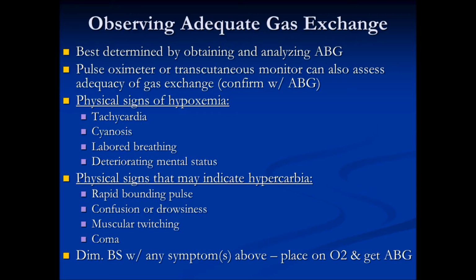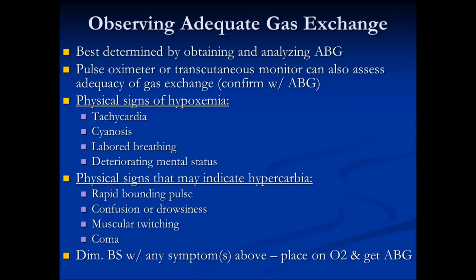And if we ever are questioning the values that we're getting via pulse oximetry and transcutaneous monitoring, we always confirm that with an ABG. But there are physical signs that we can look at in addition to pulse oximetry and transcutaneous monitoring.